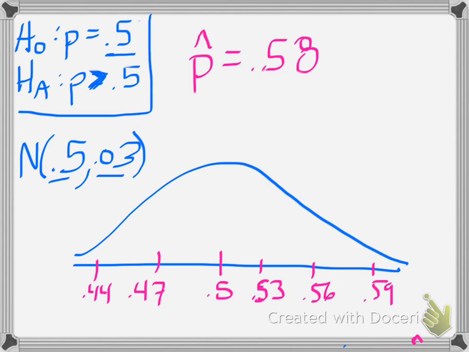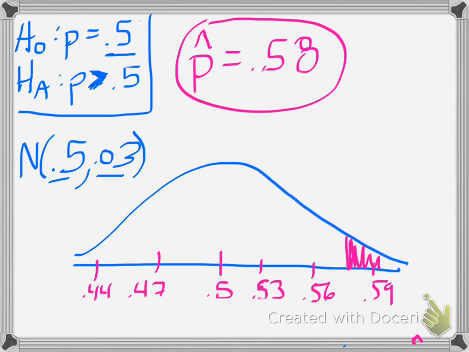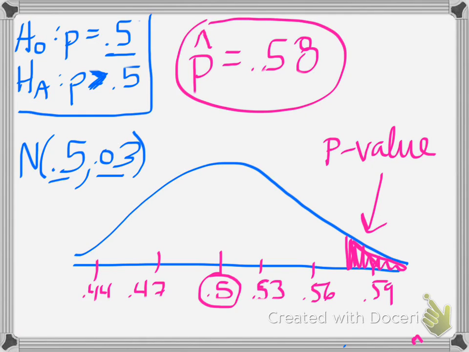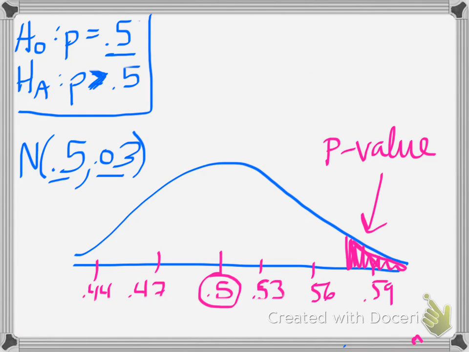All right. Now I label all of the parts of the normal curve here, and I'm going to put in my p-hat. So my p-hat was 0.58, and I'm going to shade in the region over here, because this is the probability, or my p-value, the probability that I actually get 58% or more when I'm using a regular coin. So to find this value, I'm going to use my normal CDF.